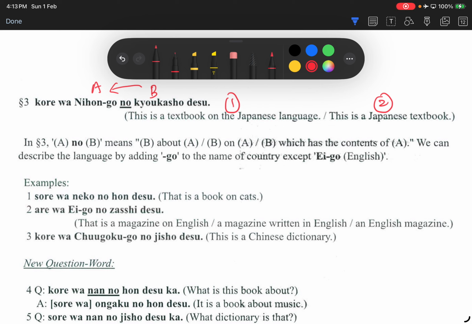Number 2, あれは英語の雑誌です。 So, 雑誌 cannot belong to 英語, right? 英語 is a noun, a language, it cannot own something. So, naturally, we will know that it is a magazine on English, or it is an English magazine, right? A magazine written in English, or a magazine writing about English. That one we don't know, but we need to check.